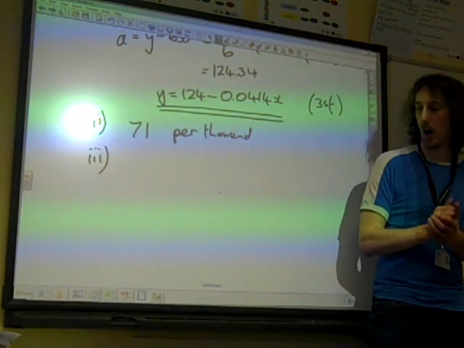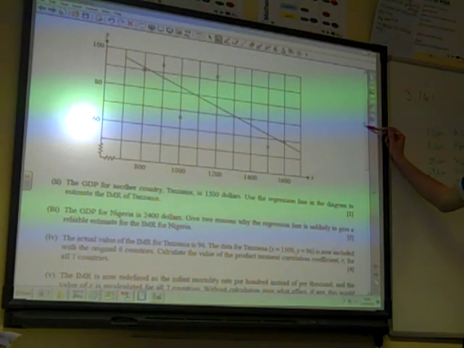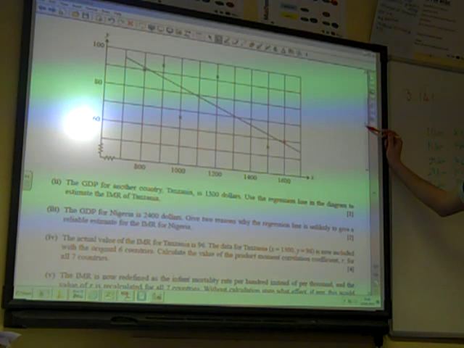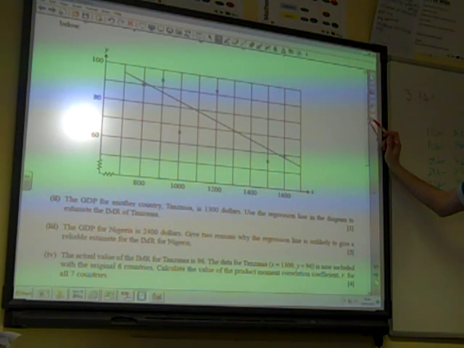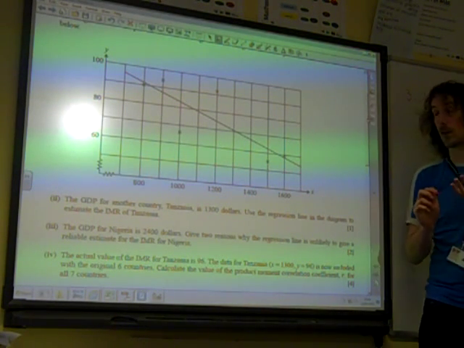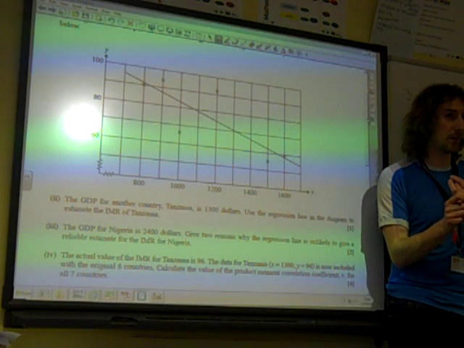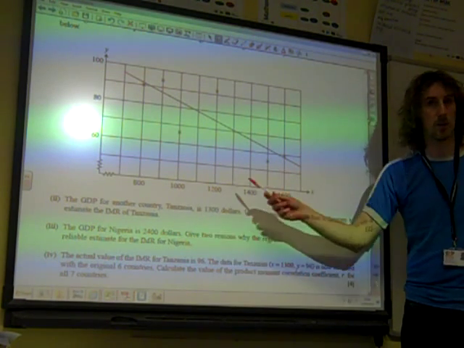The next bit says the GDP for Nigeria is 2,400. Give 2 reasons why the regression line is unlikely to give a reliable estimate for the IMR for Nigeria. Okay? Well, the first reason is the one that lots of people got, because it's kind of obvious. 2,400.